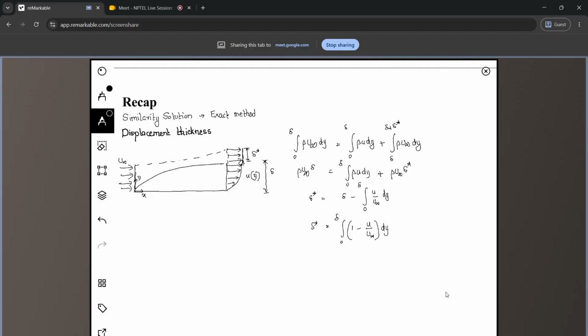Now we will also do a momentum balance, from which we will get the momentum thickness, which is the most important quantity that we'll be using throughout the problems that we'll be discussing today. If we apply the momentum balance across the same control surface as before, the net force acting on this surface equals the net momentum outflux minus the net momentum influx.